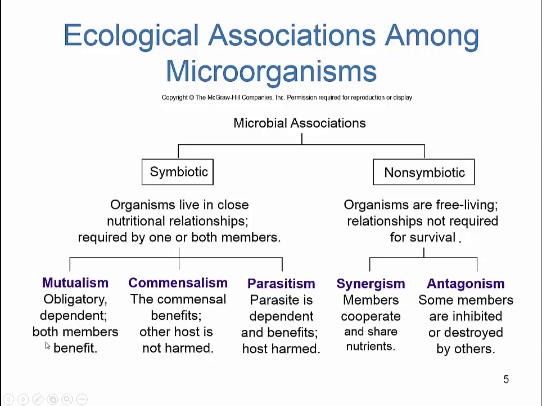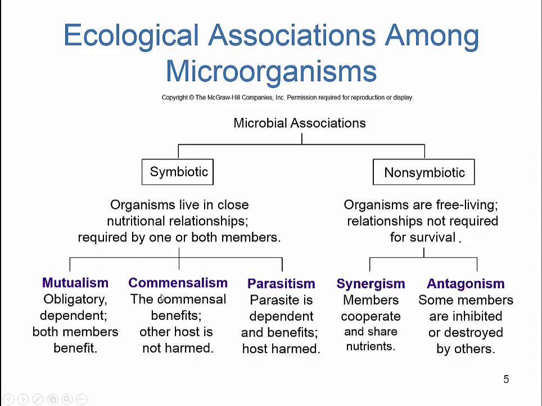In this case, the microbe benefits as well as the host. An excellent example of this is a riboflavin bacteria producing glycoside hydrolase to digest milk proteins. These bacteria exhibit a mutualism with the host, allowing the digestion of milk when we couldn't have done that in the first place.